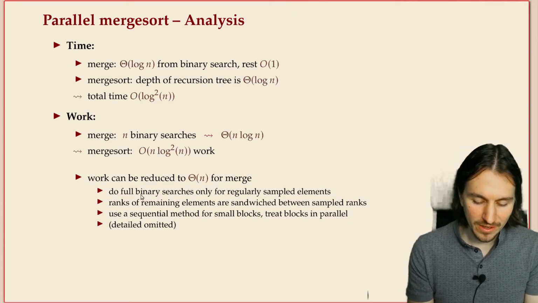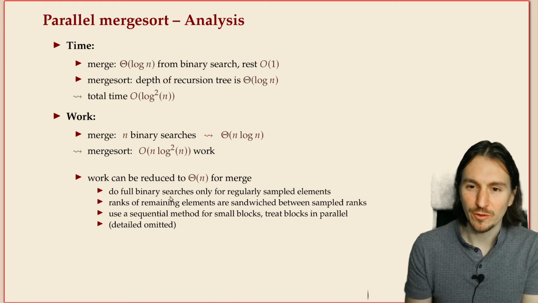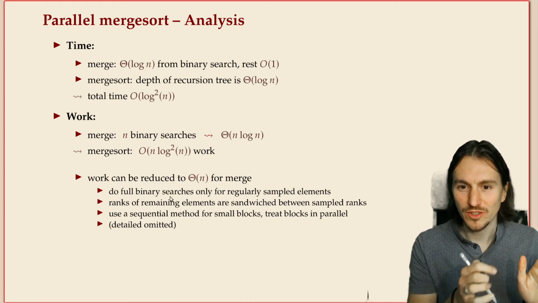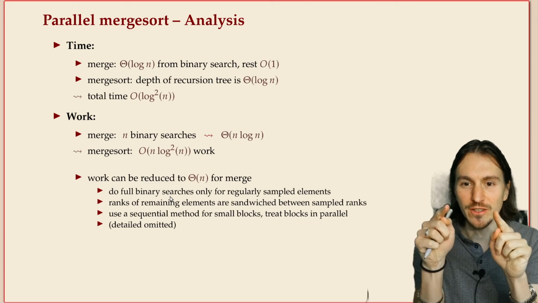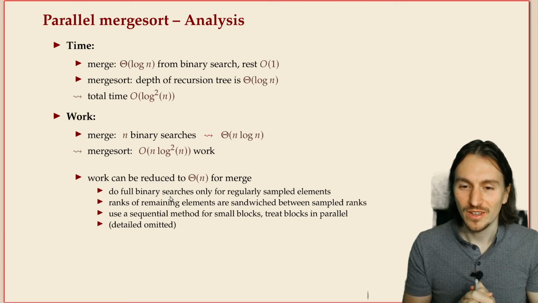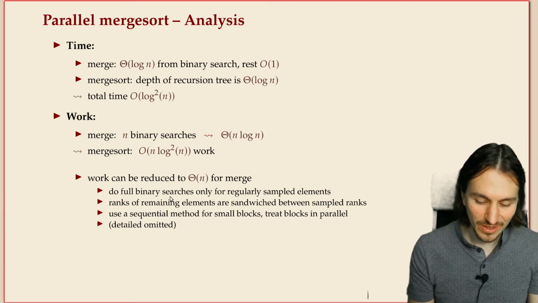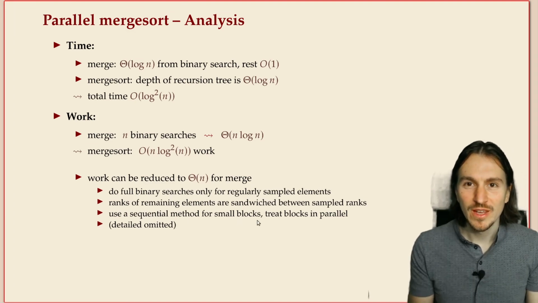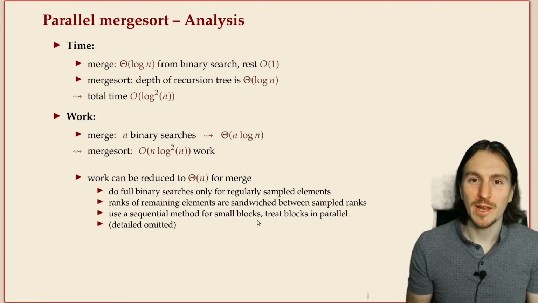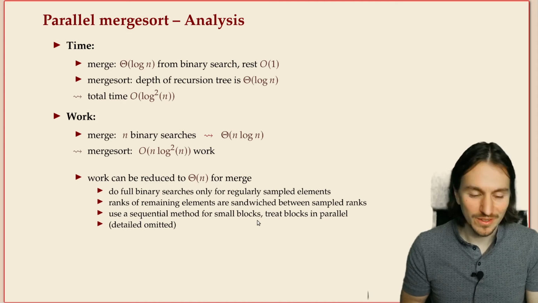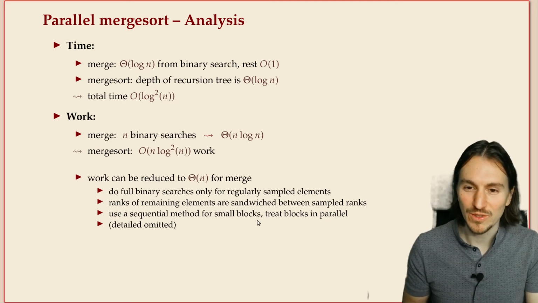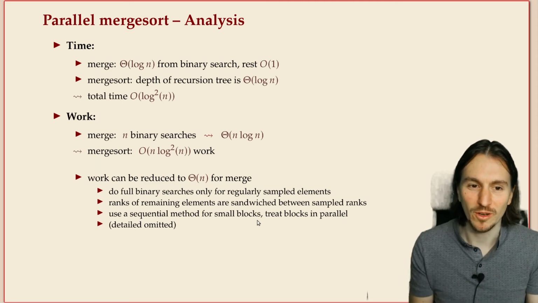And the trick is to not do the binary searches for all elements, but only for some of them, which gives you a range for all the others. And then you can use a simpler method within that block. But it's a little more complicated because you cannot easily control the size of the blocks.